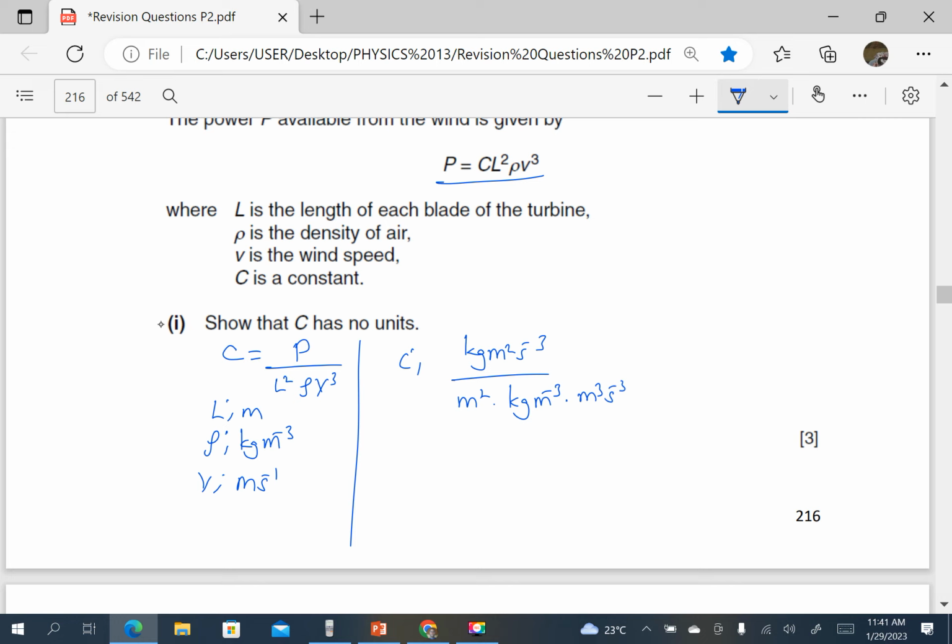So we simplify this. In the numerator, I have kilogram meters squared per second cubed. I'm arranging the denominator. So I have kilograms meters squared times meters power -3 times meters power 3. I remain with the meters squared, then times s power -3. So we shall show the examiner that each term is cancelling out, and we shall conclude that C has no units.